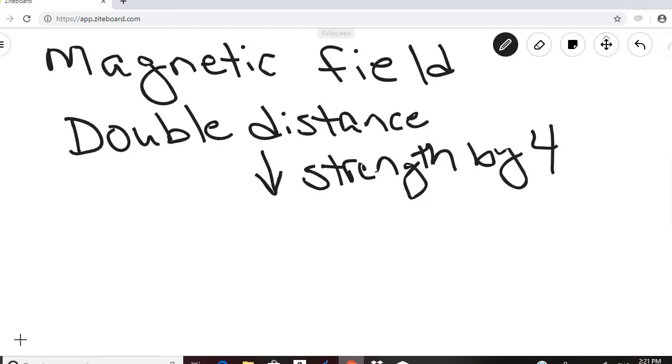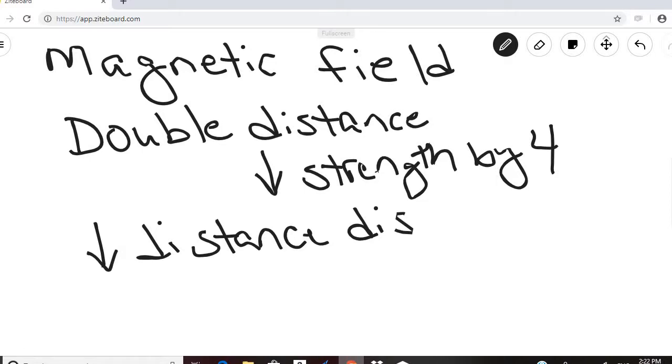Okay, so it's inversely proportional to the square of the distance between the poles. If you decrease the distance by a factor of 2, then you are going to increase the strength by a factor of 4.